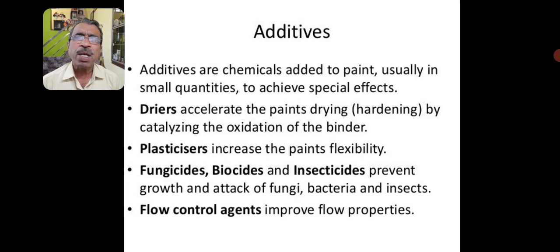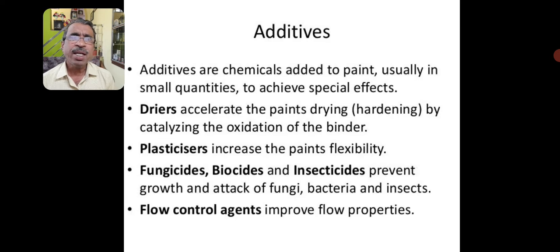The additives present in the paints. Additives are chemicals added to paint, usually in small quantities, to achieve special effects. Dryers accelerate the paint drying by catalyzing the oxidation of the binder.